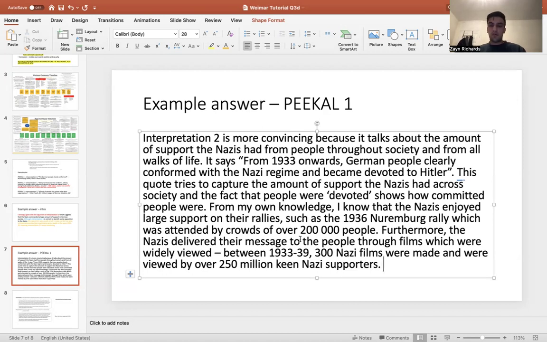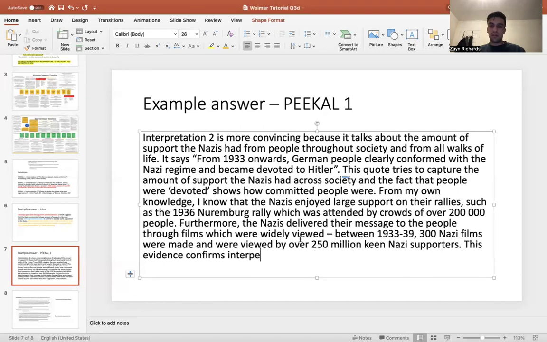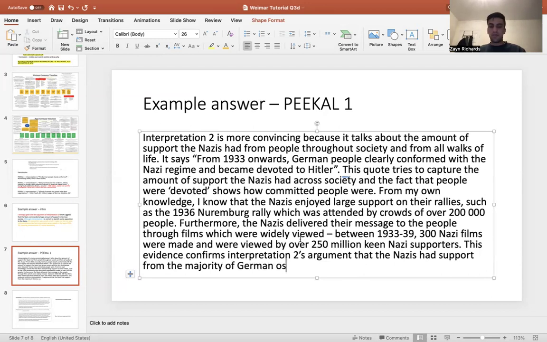Okay. So then I would say this evidence confirms interpretation two's argument that the Nazis had support from the vast majority of German society.